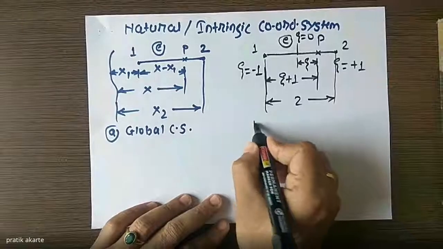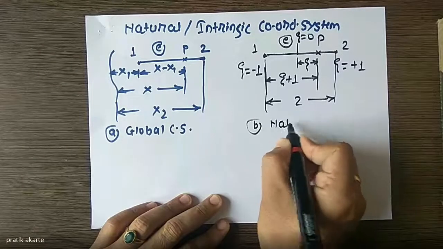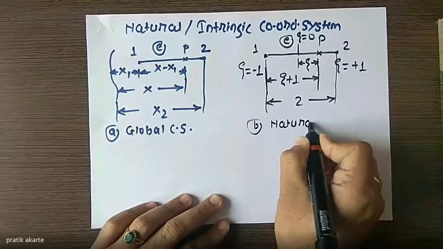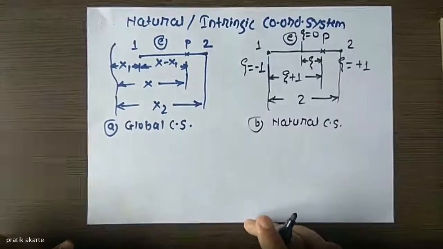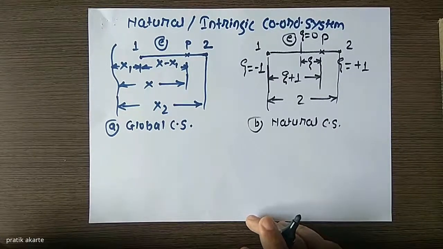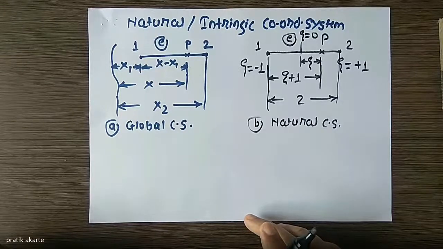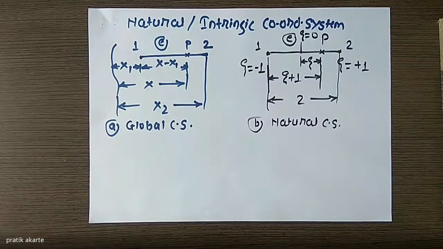So this is the representation in natural coordinate system. The same system we have represented in natural coordinate system. It is a convenient system which helps us in formulating the individual element matrix, which can then be used to formulate the combined or global stiffness matrix.